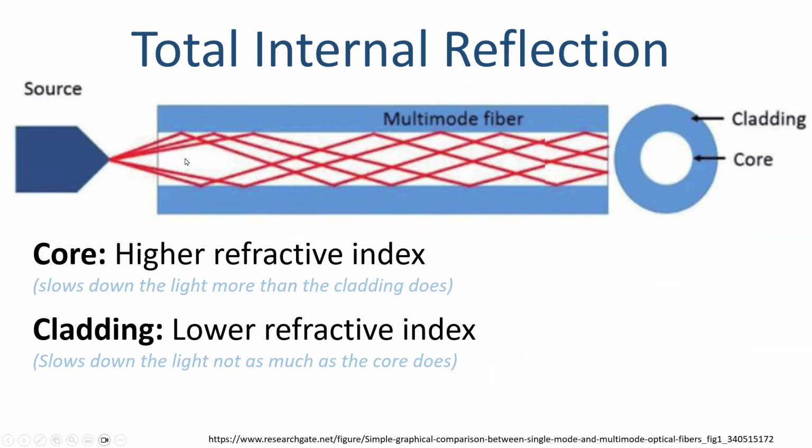We are injecting the signal into the core on one end of the fiber, and we want to retrieve the signal on the other side of the core. Otherwise, what would be the point? If we didn't achieve the total internal reflection, or something as close as possible to it, the signal would escape. So we wouldn't be able to catch the signal on the other side, right?